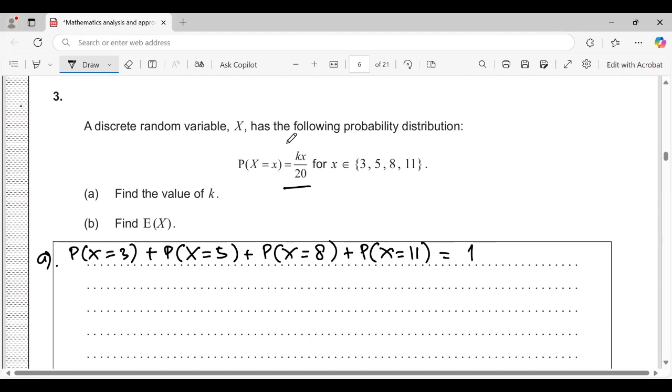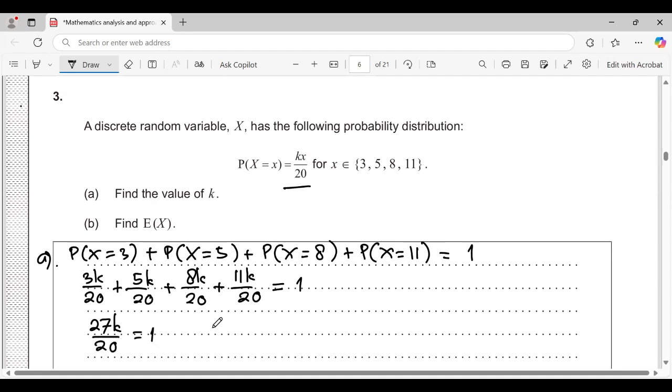If x equals 3, according to this equation, we can write it as 3k over 20 plus 5k over 20 plus 8k over 20 plus 11k over 20 equals 1. 3 plus 5 plus 8 plus 11 is 27k over 20 equals 1.